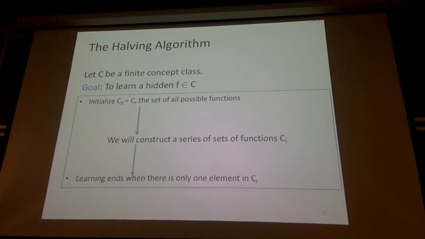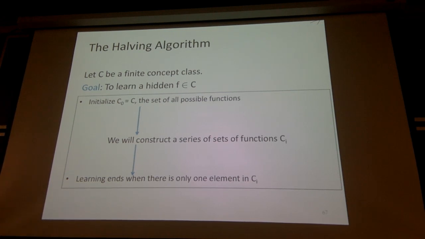Just like the previous algorithm, we will construct a series of sets, each of them a subset of the other, and we will declare learning to be done when the current set has exactly one element. We initialize the set with the set of all possible functions, namely, with the concept class.